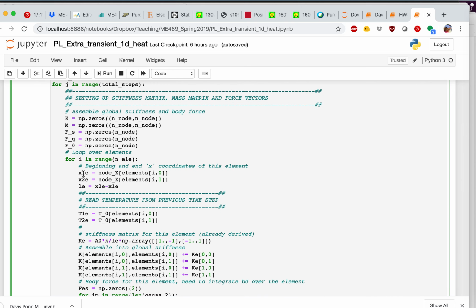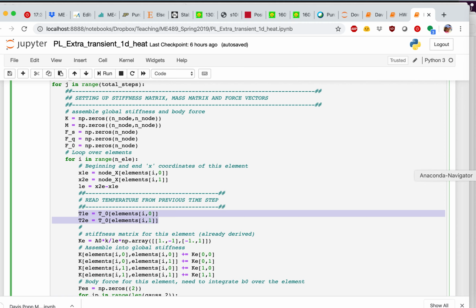Same as before, read the x coordinates that make up this element, and the length of the element. This is different. Because I need to use the information from the previous time step, I need to be able to read out the temperature at the nodes from the previous time step. So this T underscore 0 is the temperature at the previous time step.